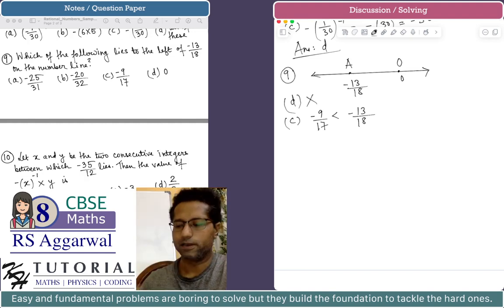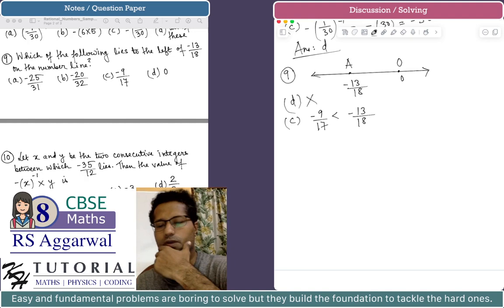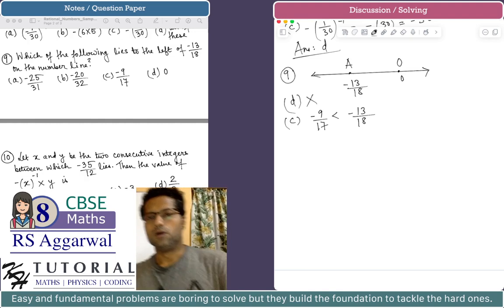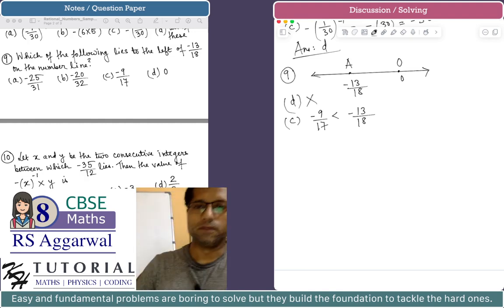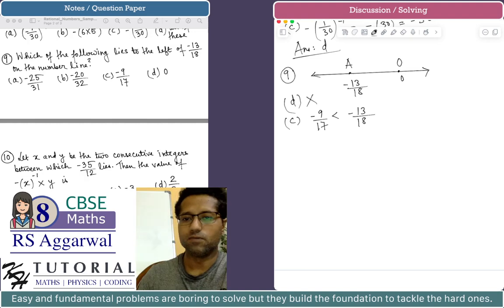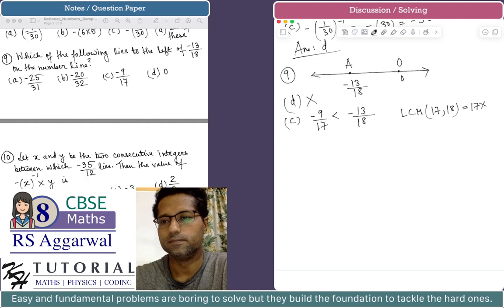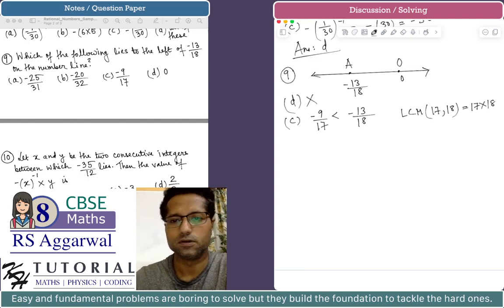We have to make the denominators the same. We have to convert each of these rational numbers to their equivalent form with the same common denominator, which will be the LCM of 17 and 18. And the LCM of 17 and 18 is definitely nothing but 17 into 18. Okay, we will not find this, it is not necessary.